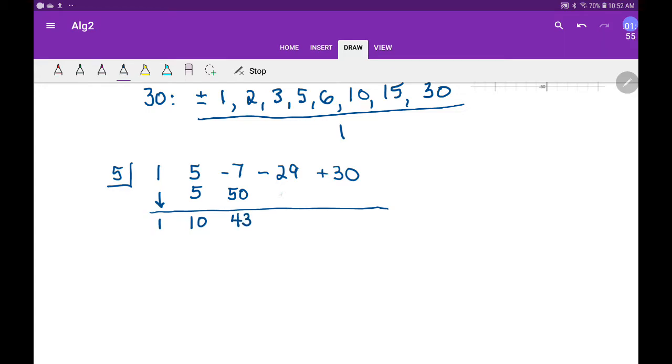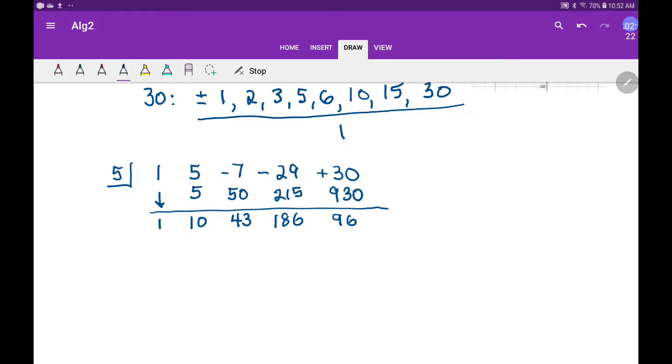43 times 5 is 215, and I think it's about time for me to reach for my calculator. I have 215 and 29 I'm subtracting, but on my calculator I multiplied. 215, and I'm taking away 29, that's 186. And then I'm going to say times 5, and that's 930.